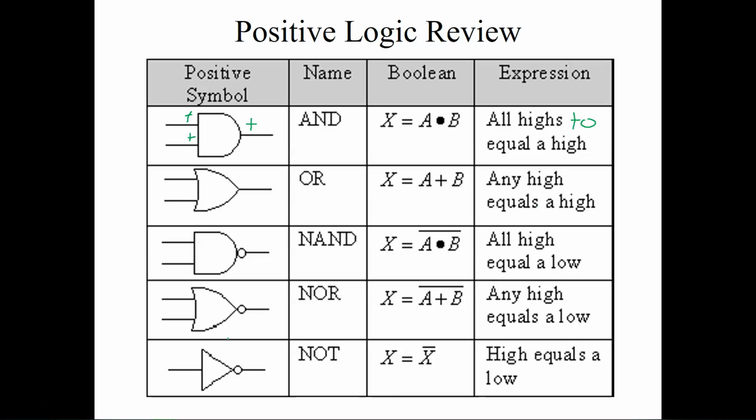All right, for a NAND gate, the NAND gate is opposite of the AND gate. So that means that if all highs equal high to an AND gate, that means that if I get all highs, if I get 2 highs here, this guy goes low.